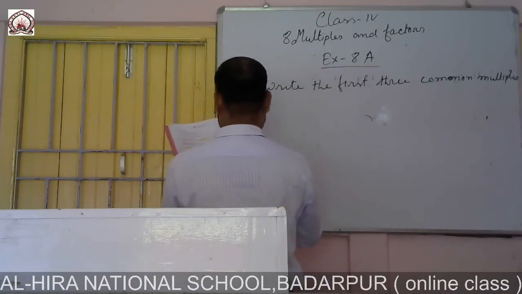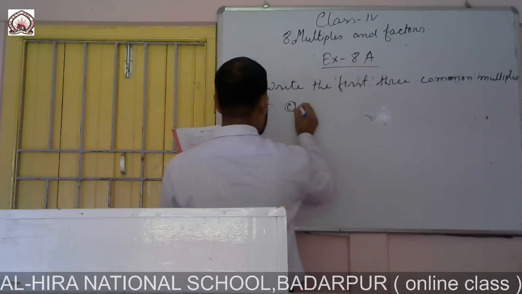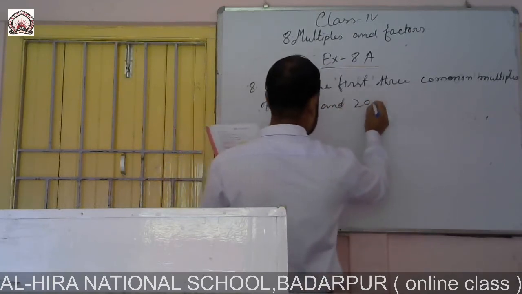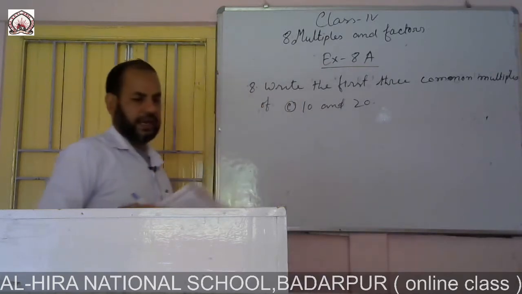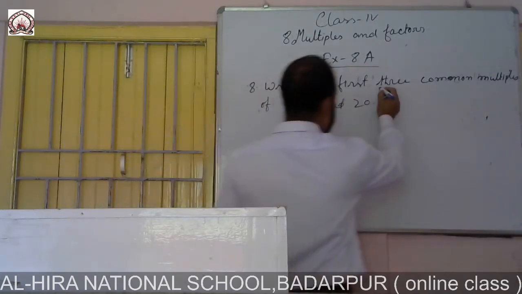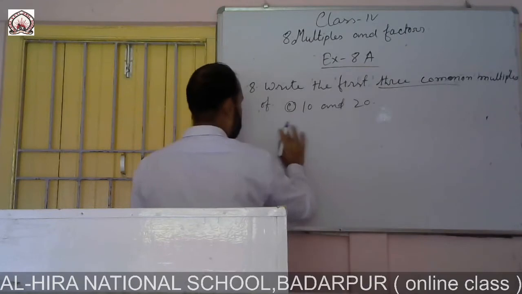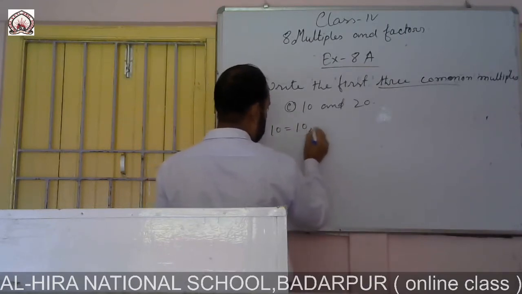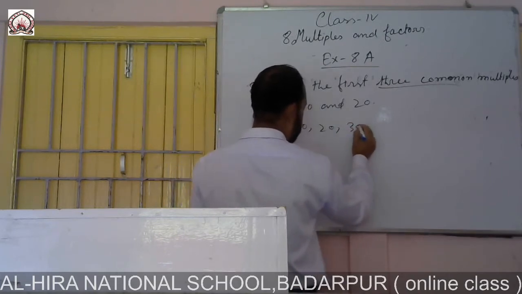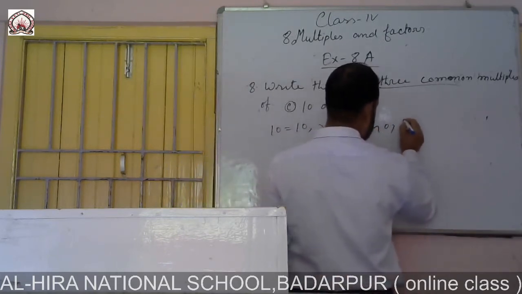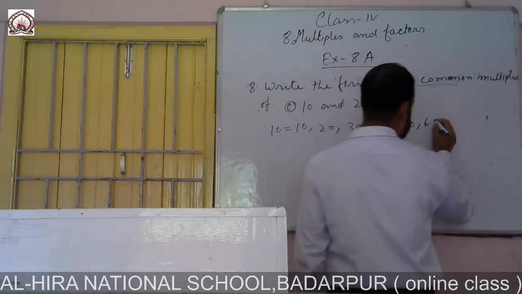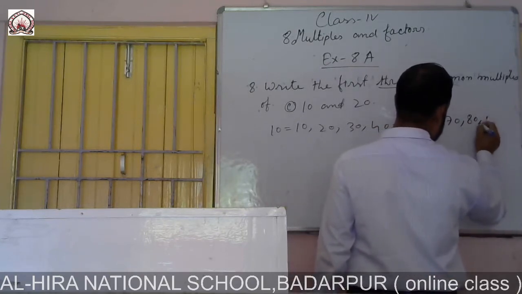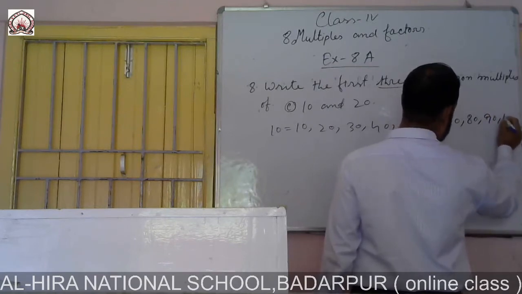Question number C, we do 10 and 20. So like earlier, we take out the first 3 common multiples. So we write table number 10: 10, 20, 30, 40, 50, 60, 70, 80, 90, 100.